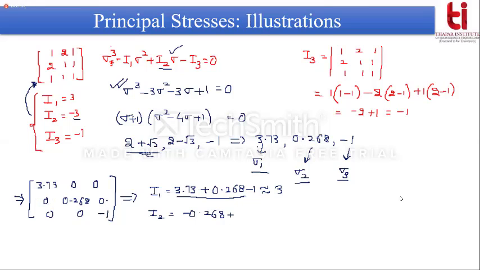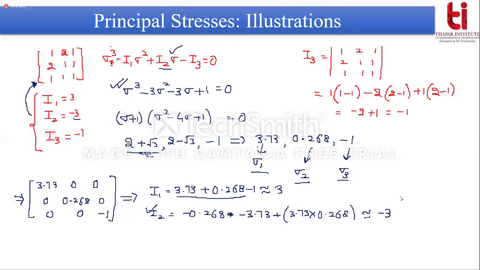plus, when you take cofactor of, it will be minus, sorry, it will be also minus 3.73. And when you take cofactor of 1, it will be plus 3.73 into 0.268. When you solve this, you get approximately minus 3.